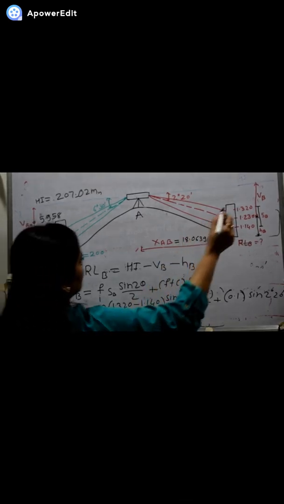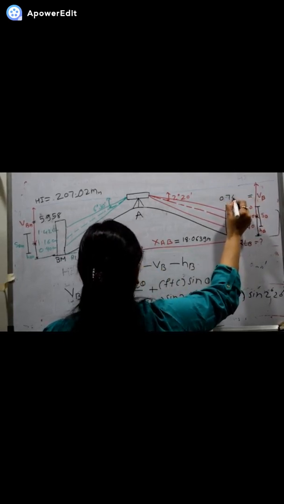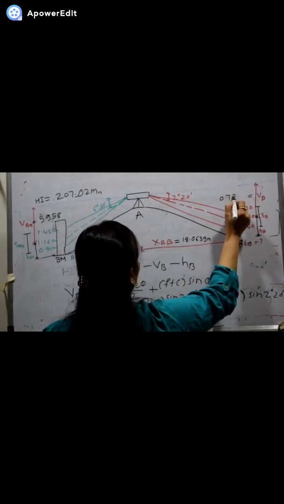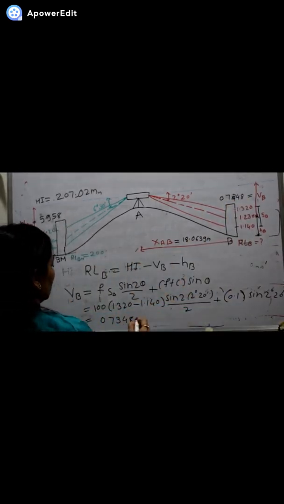If I calculate this, the value of VB is 0.7348 meters.